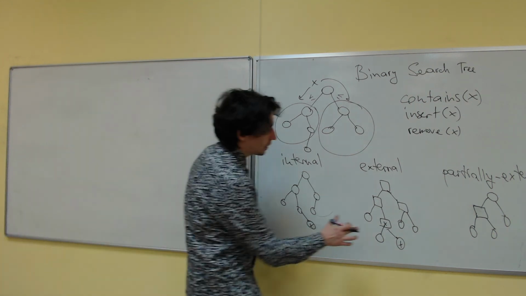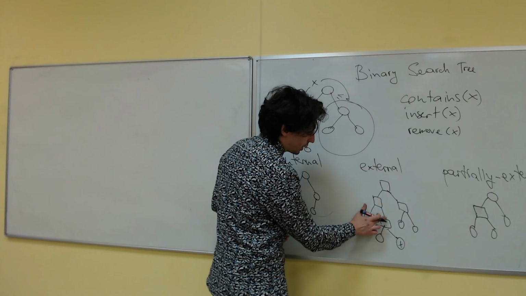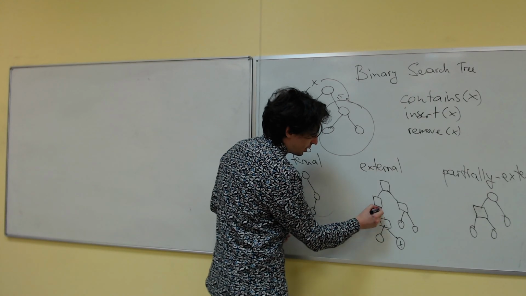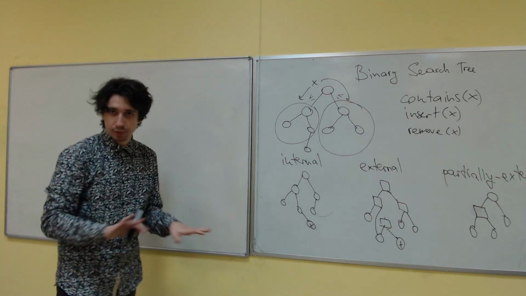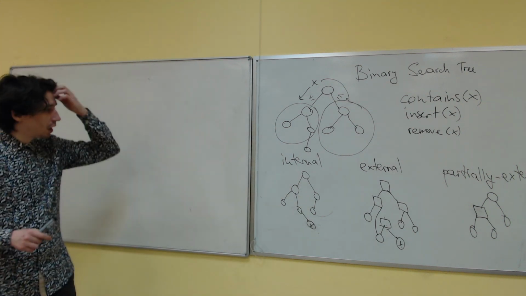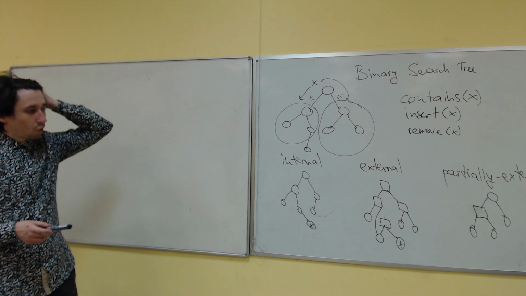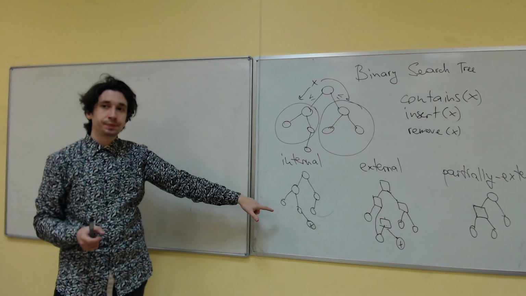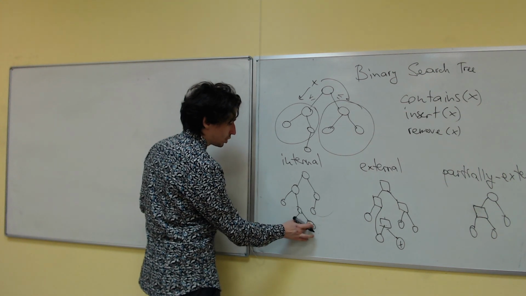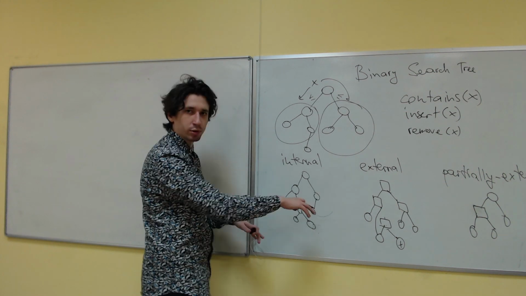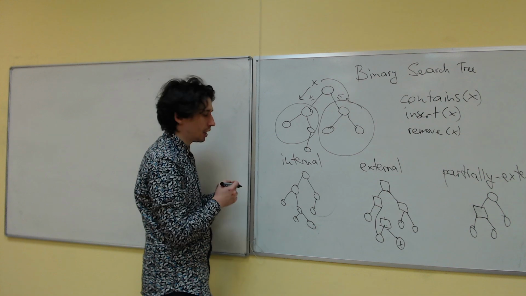Yeah, so we find x here, and we just unlink this guy and link this guy back. That's no problem, that's easy. What happens in internal? It is much more complicated, unfortunately. So with external, that's it.